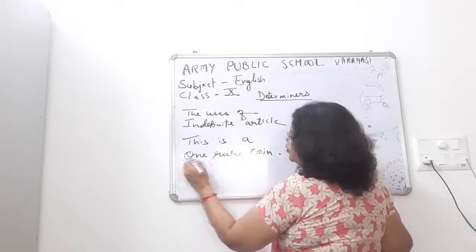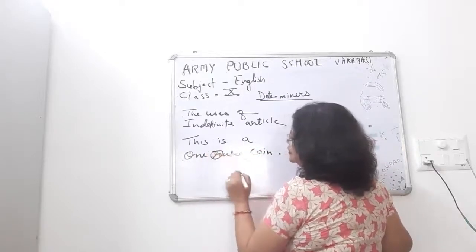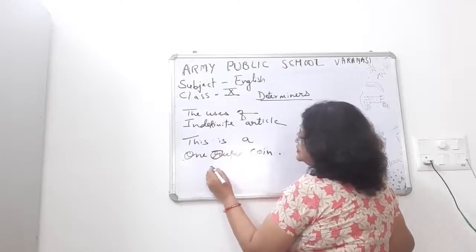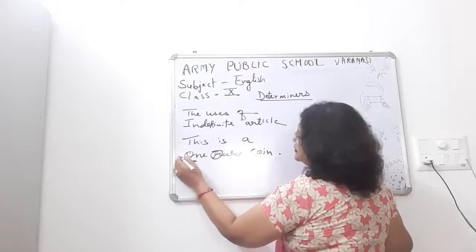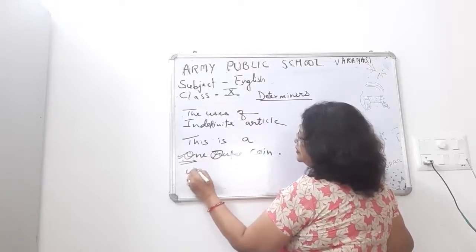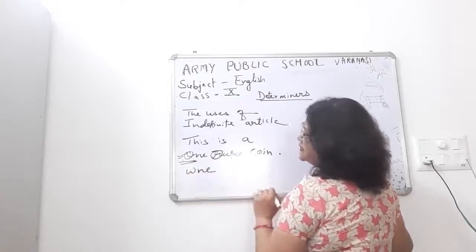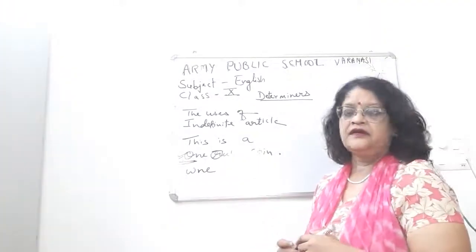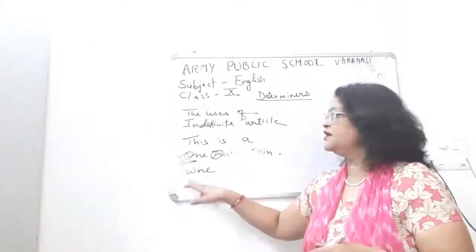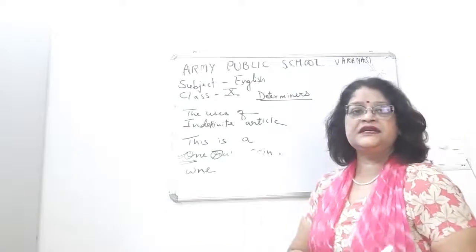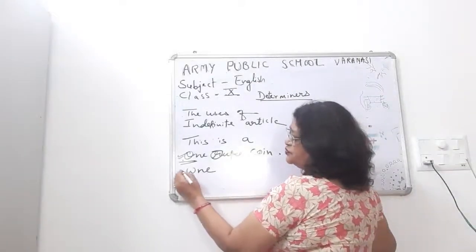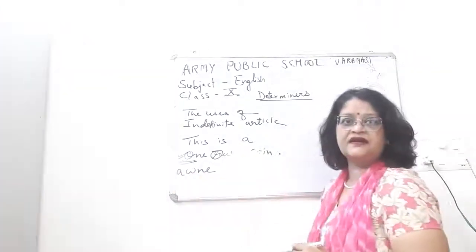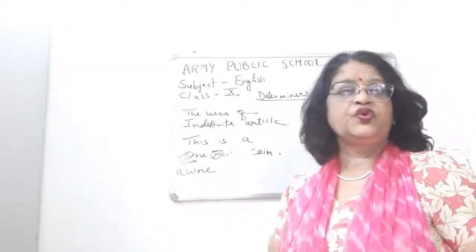See this word, one. We say one, we never say own; it starts with a W sound. So one is starting with W, and that's why we use a here.